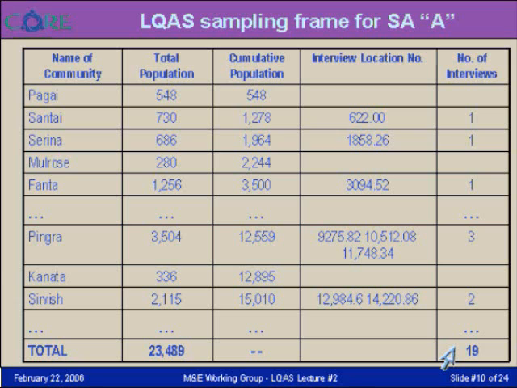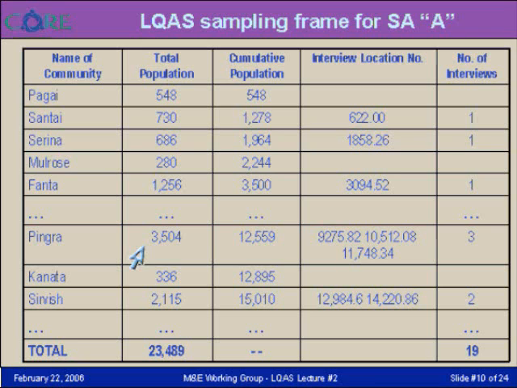Notice what happens in the town of Pingra. Pingra will be the location of 3 interviews because of its relatively large total population of 3,504, which is the largest on the list.